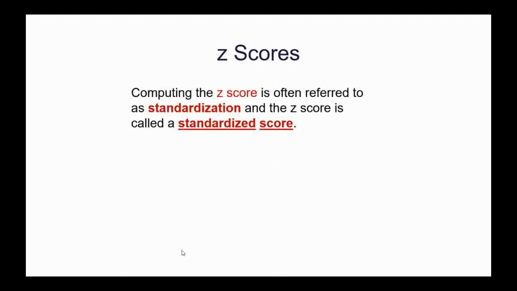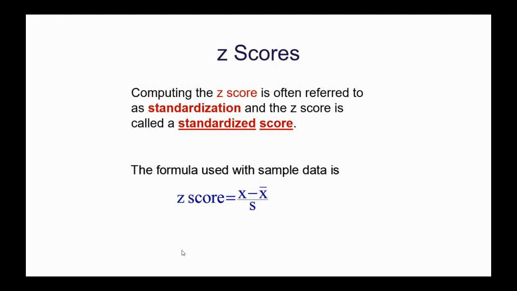Okay, so Riley earlier was asking, great, we know the formula for z-scores, but how do you put it in symbols? Computing the z-score is often referred to as standardization, and the z-score is called a standardized score.